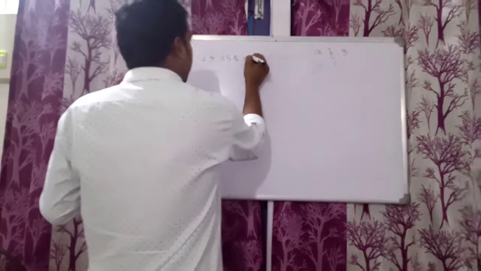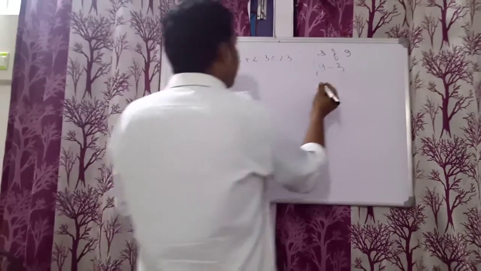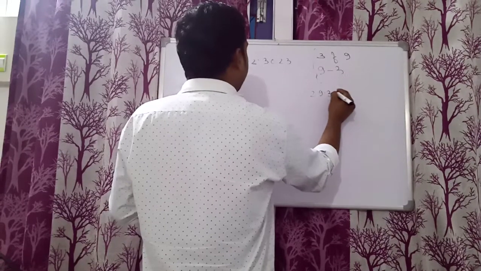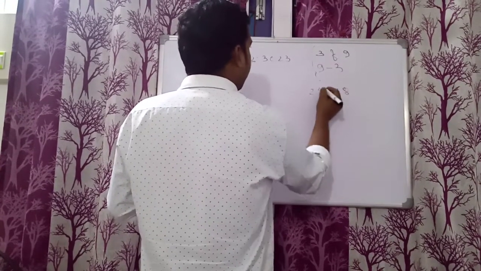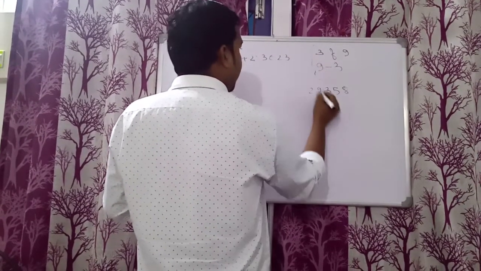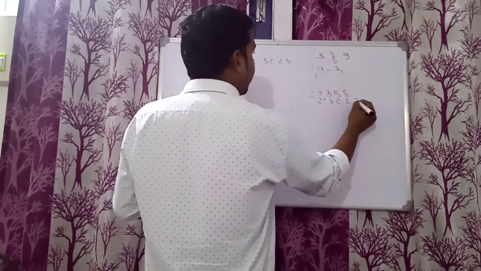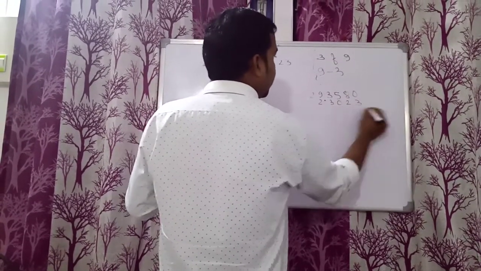Okay. Now see, add 29.358, then put point here, and 2.3023. Nothing is there, put 1 0.